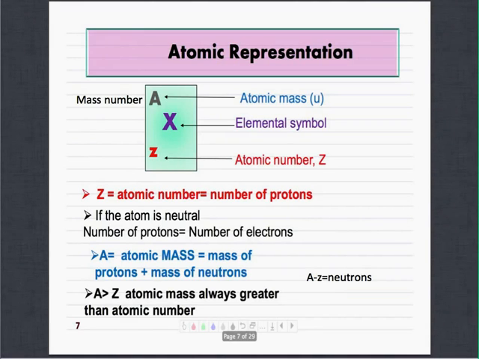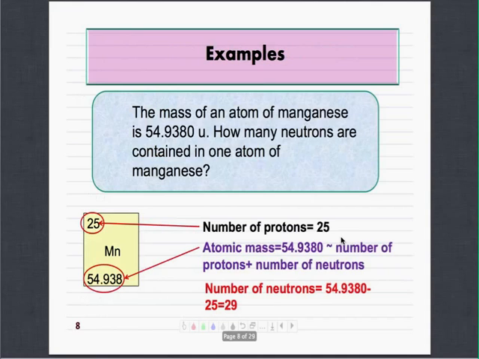Good. Now, again, what I'm trying to point out here is the idea that I just mentioned, that sometimes they put A on top and Z down, or Z on top and A down. An example of that here: manganese has a 25 and 54.938 as an atomic mass, and the question is to calculate how many protons it has. So 25 is the number of protons.